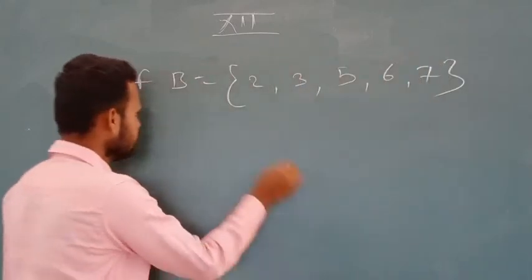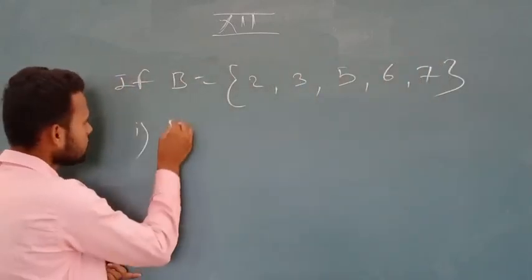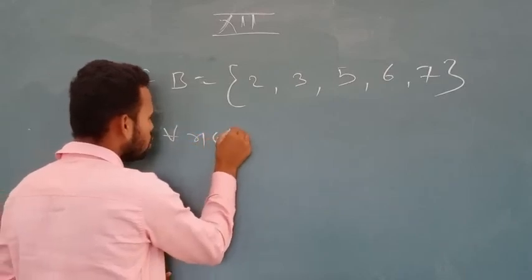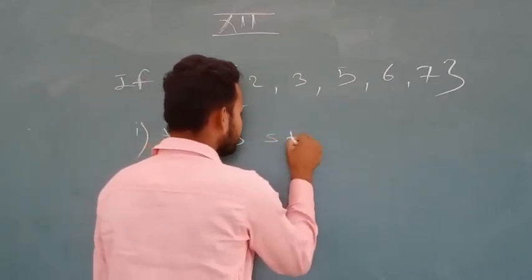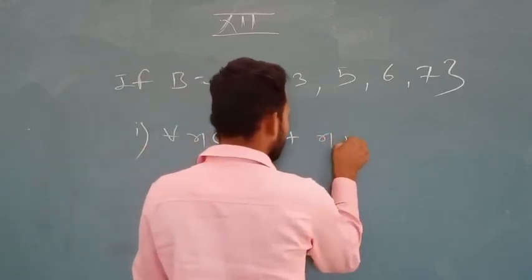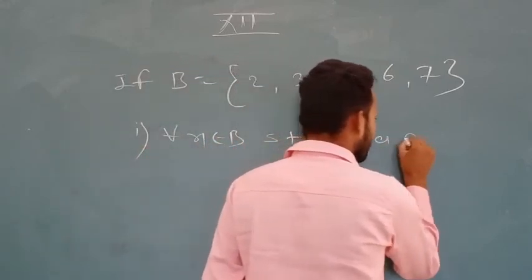First, for all x belongs to B, such that x is a prime number.